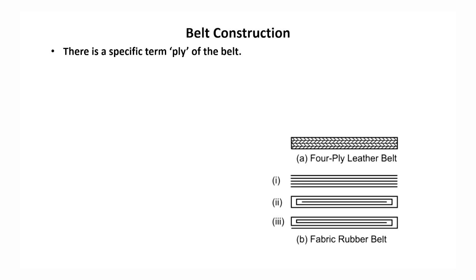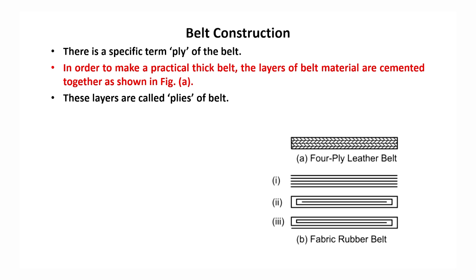Then the belt construction. Here we will study about the term ply. There is a specific term ply of the belt. In order to make a practical thick belt, the layers of the belt material are cemented together as shown in figure A. One layer of the belt is cemented to another layer, and this is cemented to again another layer, and so the layers are 1, 2, 3, 4, and so it will be called a 4-ply leather belt.